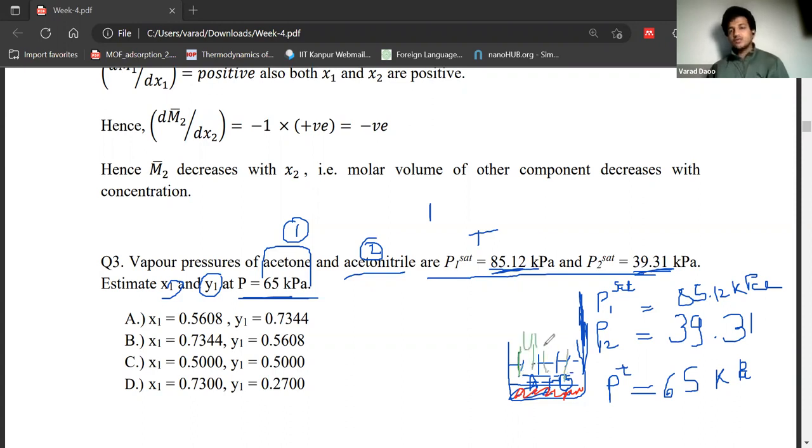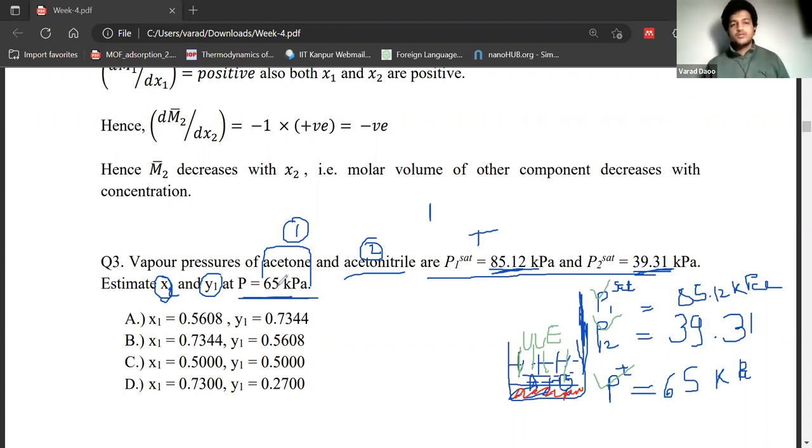So we have a vapor-liquid equilibrium with these conditions of saturation pressure and total pressure. We are asked to find x1 and y1. Once we know x1 and y1, we can automatically find x2. Although that is not asked, I'm telling you.